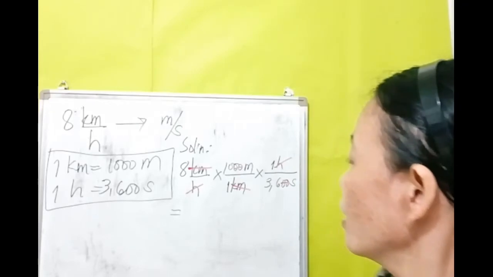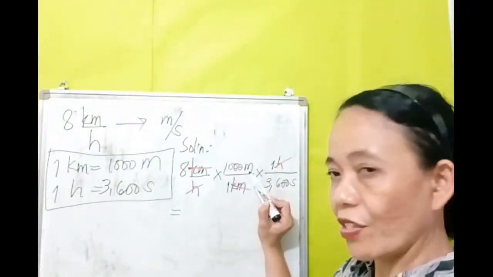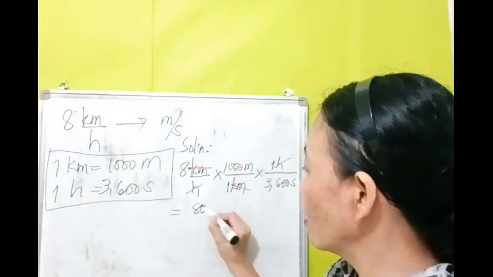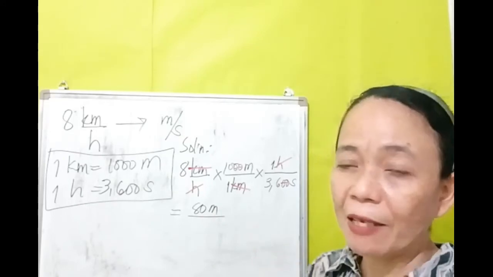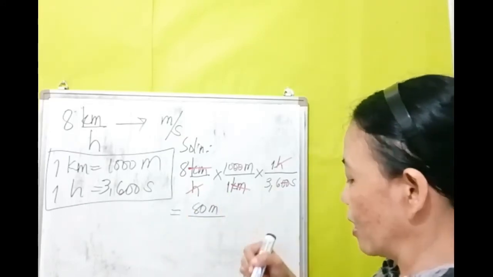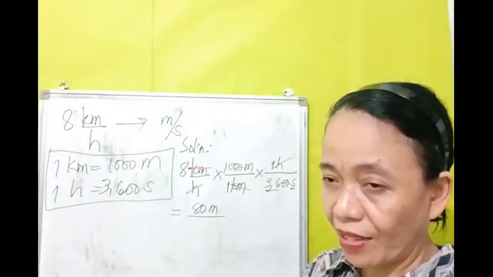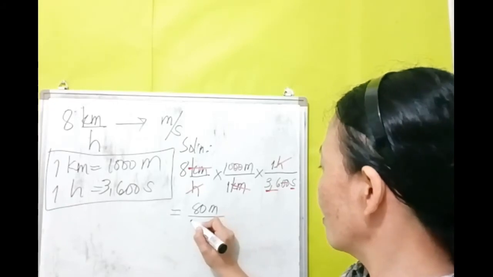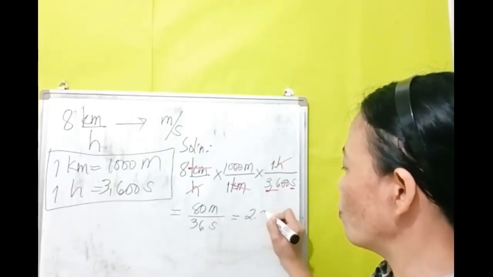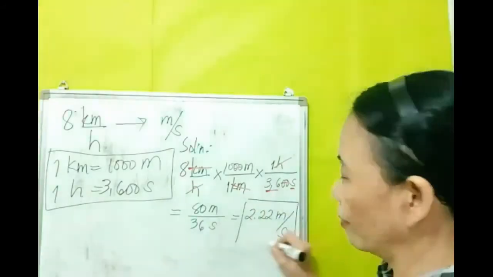So 8 times 10 meters times 1 is 80 meters divided by 1 times 1 times 36 seconds. So 80 meters divided by 36 seconds. So the answer is 2.22 meters per second.